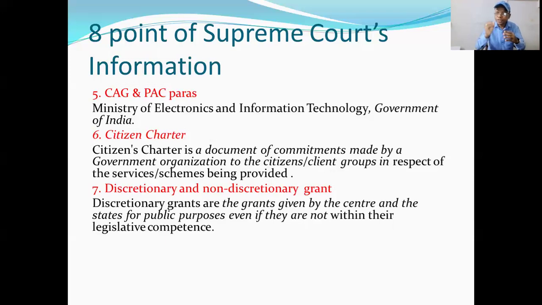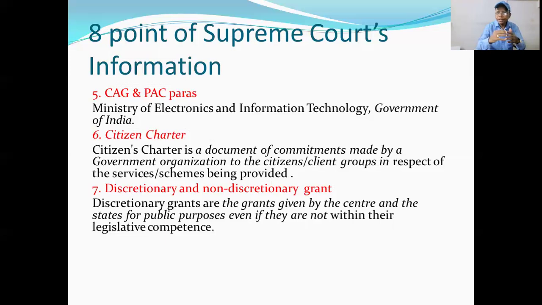The grants given by the center or the state for public purposes only, even if they are not within their legislative competence. So if we have received some schemes or financial benefits or contribution from the center or the state, we may cite that here.